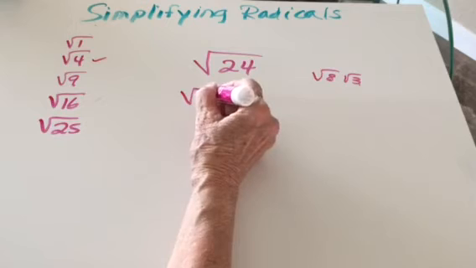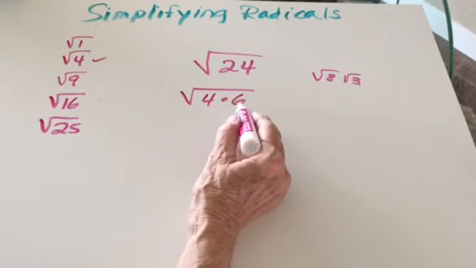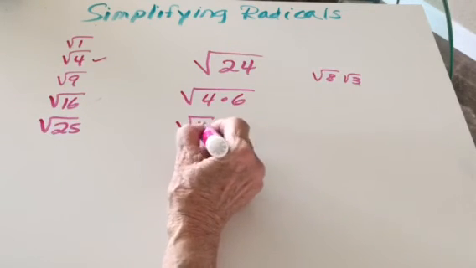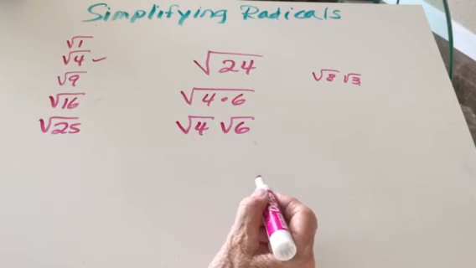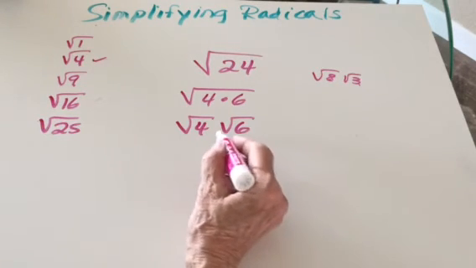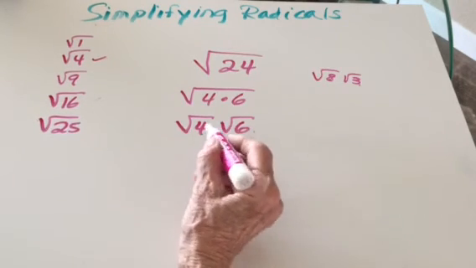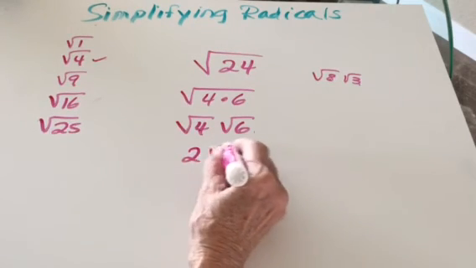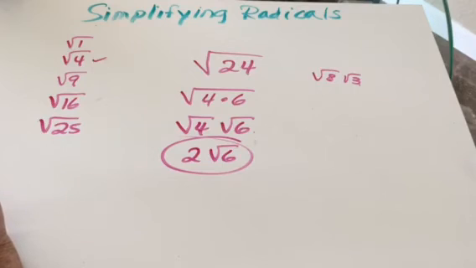Radical 4 times what? 6. Now, I don't know how to do 6, but I do know how to do 4. This equals radical 4 times radical 6. See, I don't have to put a dot or anything. That automatically means I'm multiplying those two numbers together. What is that answer? 2. 2 radical 6. That's the answer. That's the simplified answer.